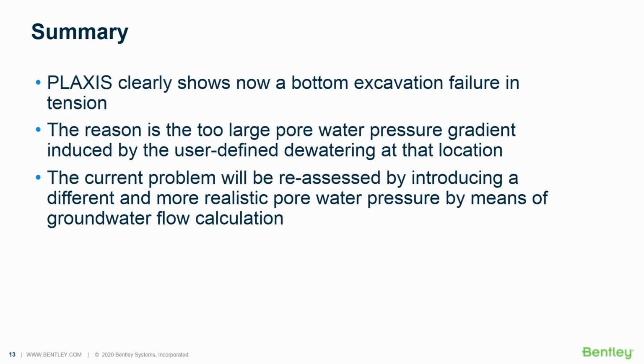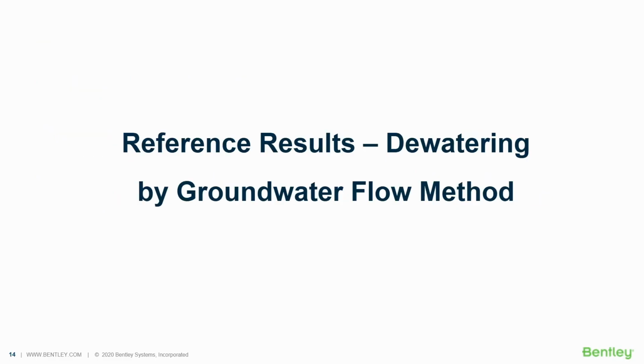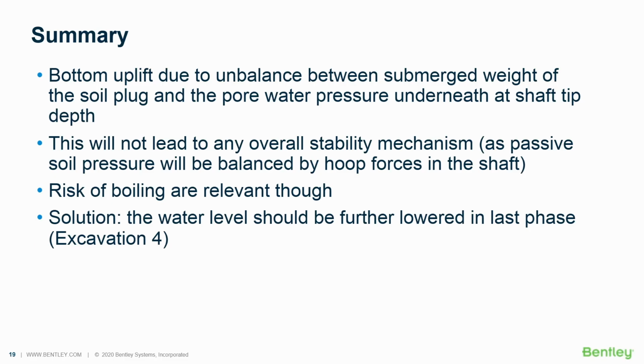The second example here, the reference results, was the second case. So here the bottom lift is due to the imbalance between the submerged weight of the soil plug and the pore water pressure underneath at shaft tip depth. This is what we have observed in phase number 4 in the second case, and we don't think there is a risk here of overall stability, but still we have a risk of boiling.